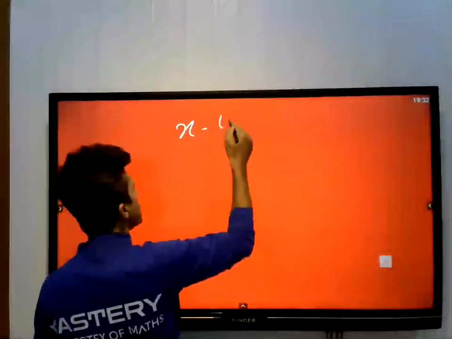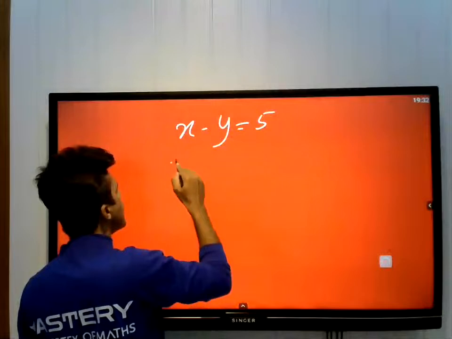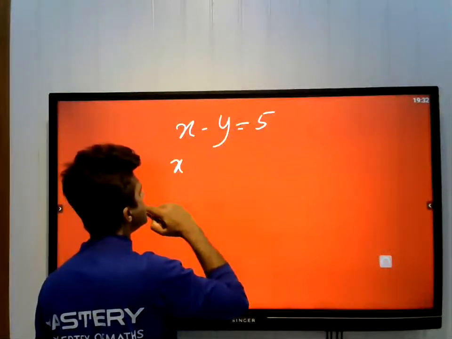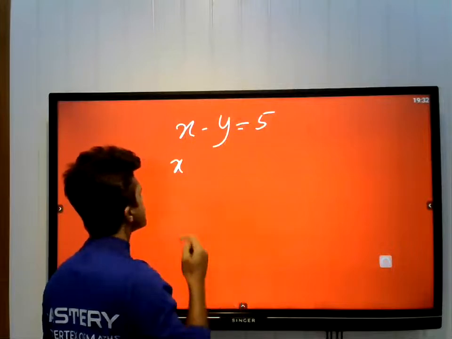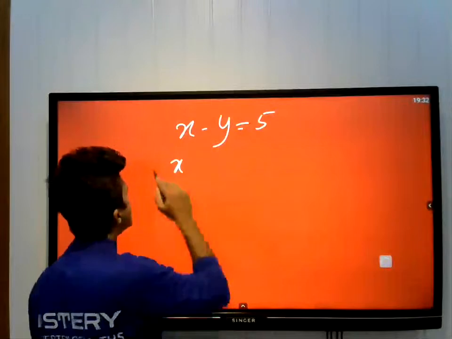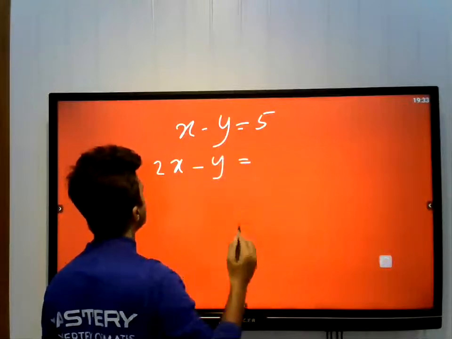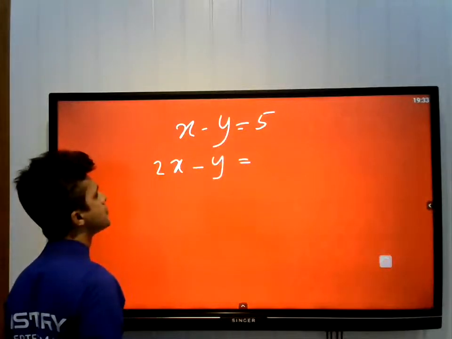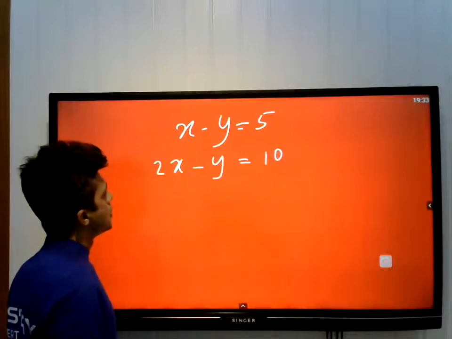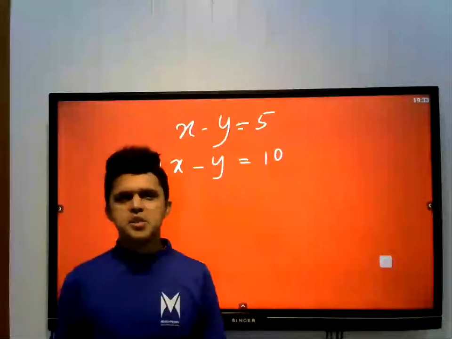Take x minus y equals 5, and 2x minus y equals 10. X minus y equals 5, 2x minus y equals 10.